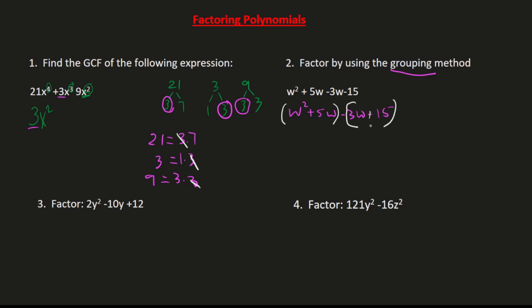So now, next thing we're going to do, we're going to look for the GCF of each group. The GCF for w square and 5w is w. I'm going to take that w and put it right here, and I open my parentheses. When I get that GCF here, it's like I'm dividing this by w.